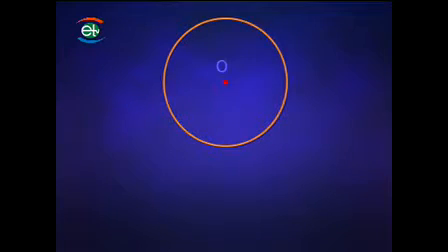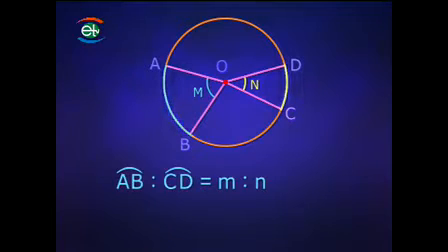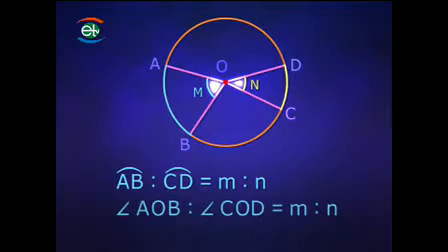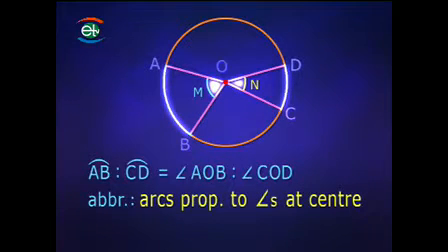In a circle, arcs are proportional to their corresponding angles at the center. The theorem is arcs proportional to angles at center.